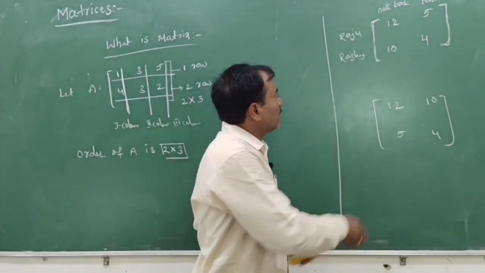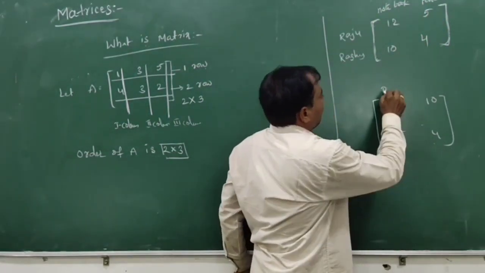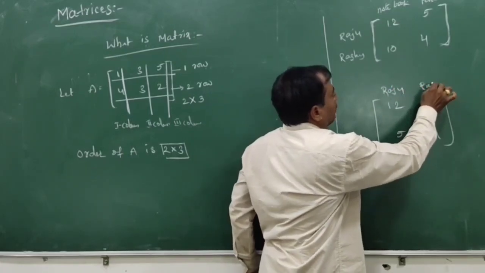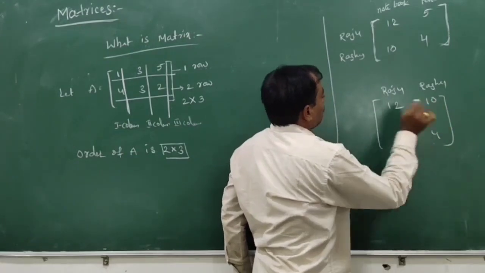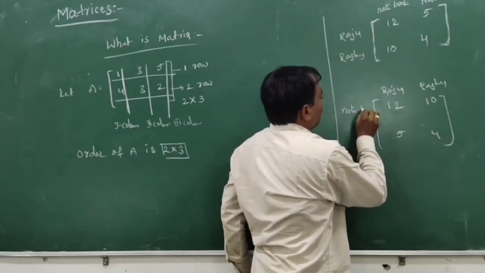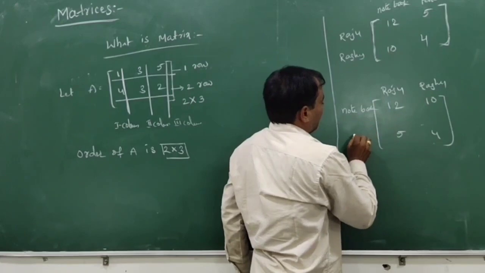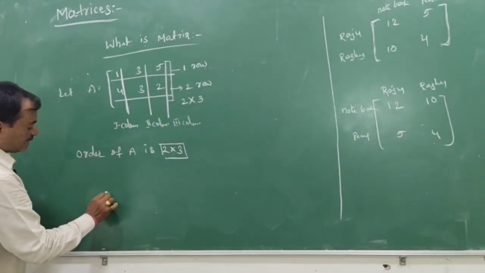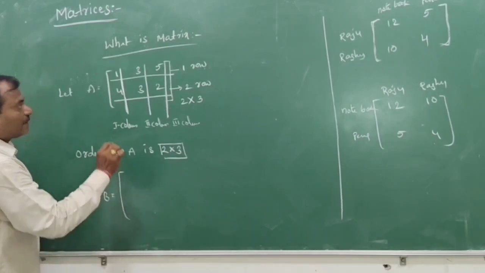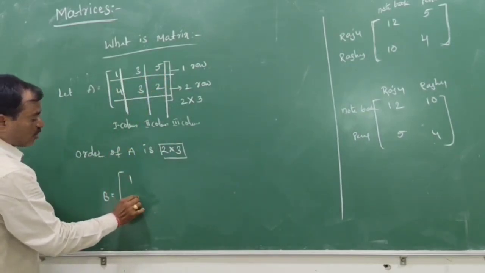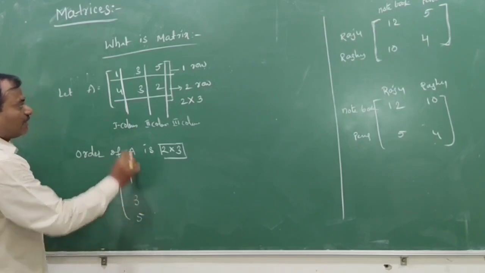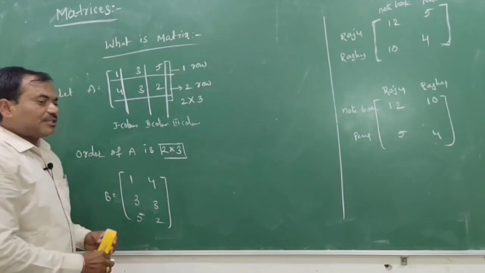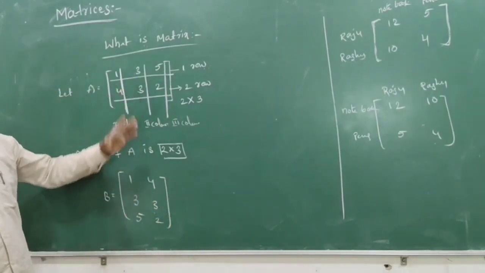But coming to here, this column stands for the students, Raju and Raghu, and these rows stand for notebook and pens. Similarly, coming to this example, we write this as B. These rows can be written as columns: 1, 3, 5 and 4, 3, 2. So this is also a matrix, but they are not equal.